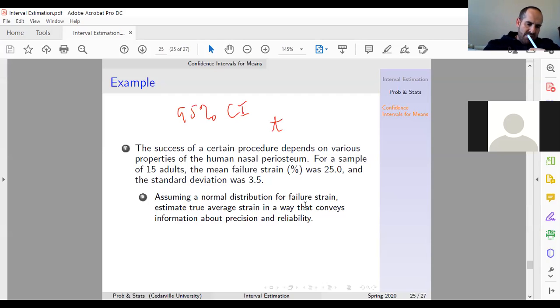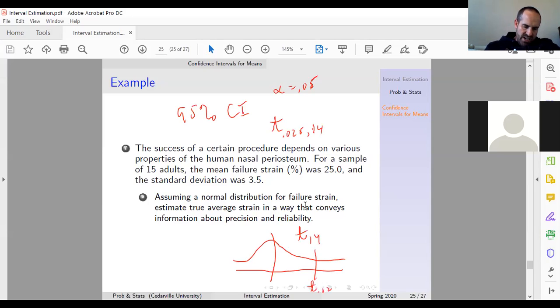So my alpha here would be 0.05, right? And so I would do T sub 0.025, 14. Okay, so what I'm thinking about here is this. Right, so here's T sub 14, and I want these little cutoffs right here. So this is T sub 0.025, 14, which means I have 2.5% here.